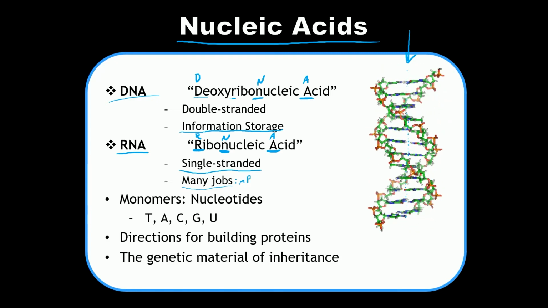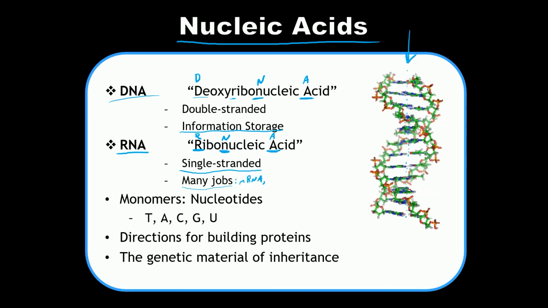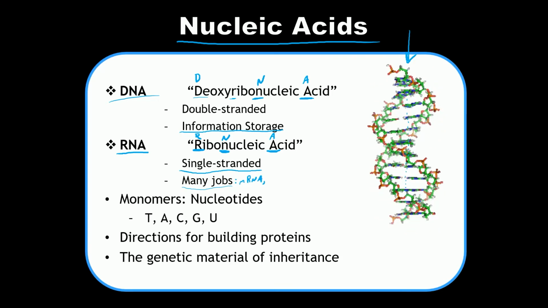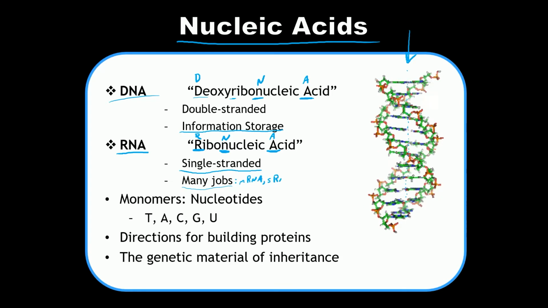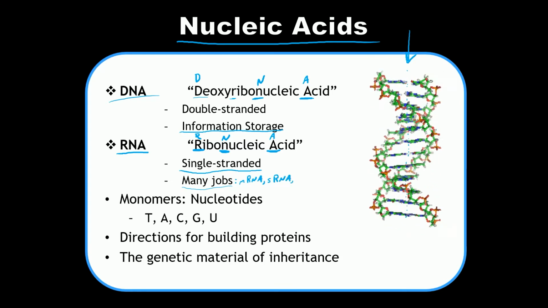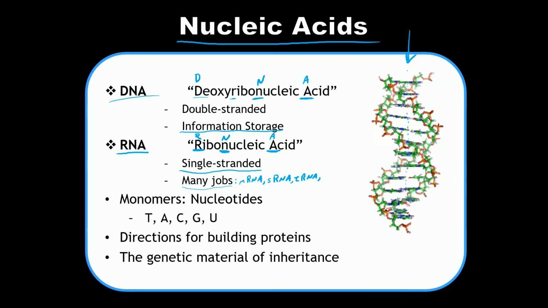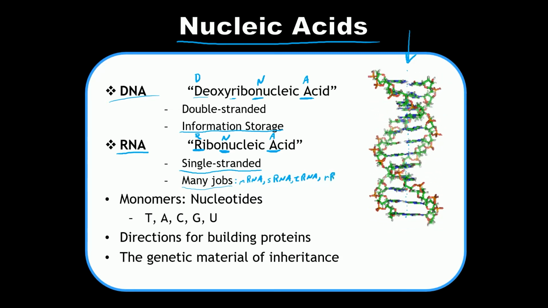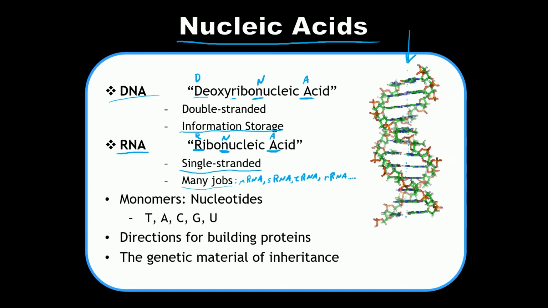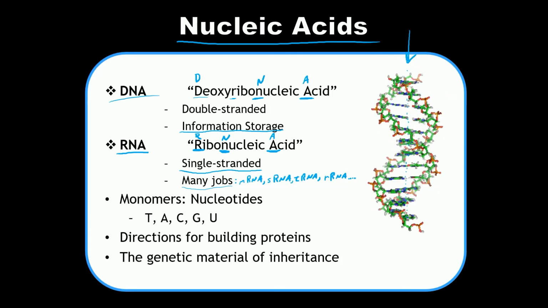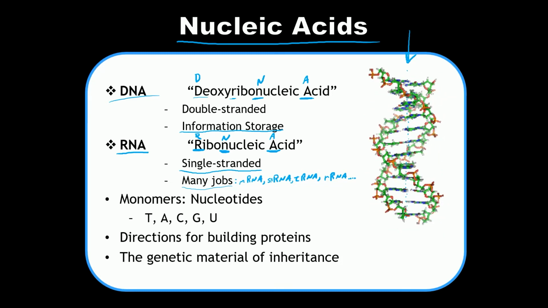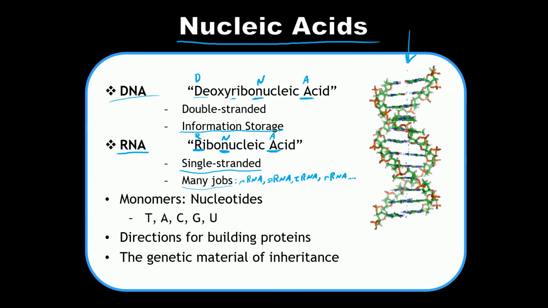But RNA is involved in transferring that information from point A to point B. It's involved in information processing, in translating that information, in putting together proteins. RNA has lots and lots of jobs inside of the cell, and you'll see, I think, 4 or 5 different versions of RNA later on in the class, but again, introduction. So, RNA has many jobs, and it's a single-stranded molecule.